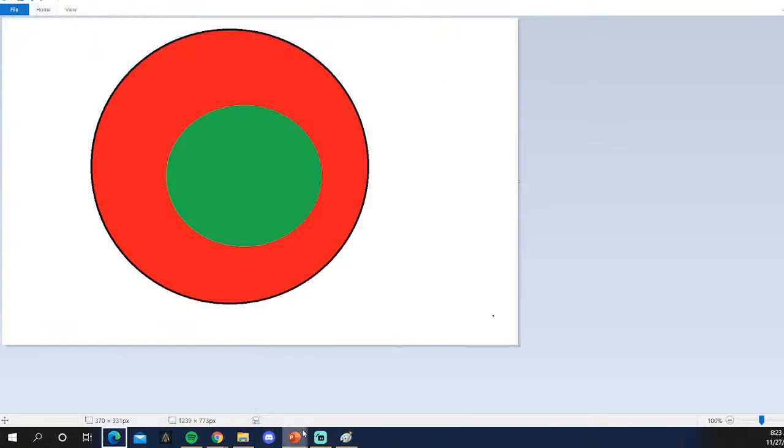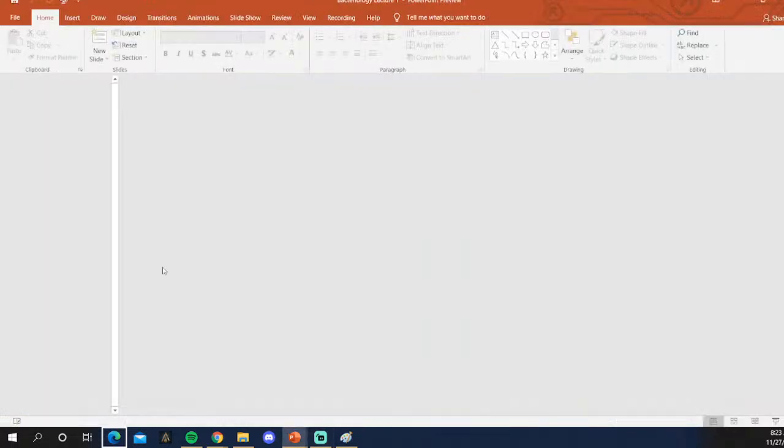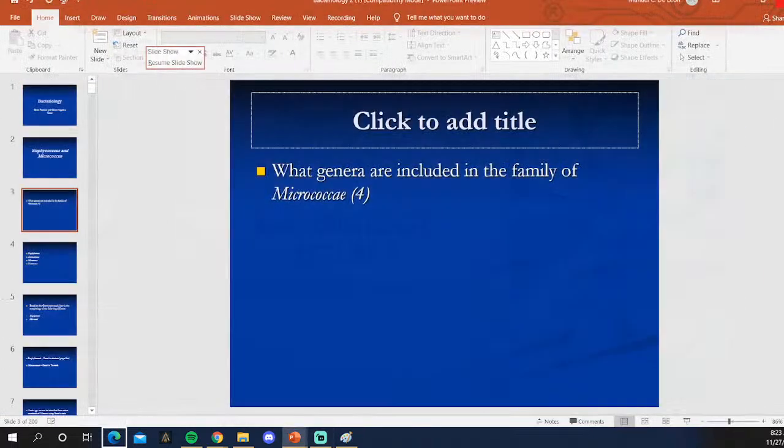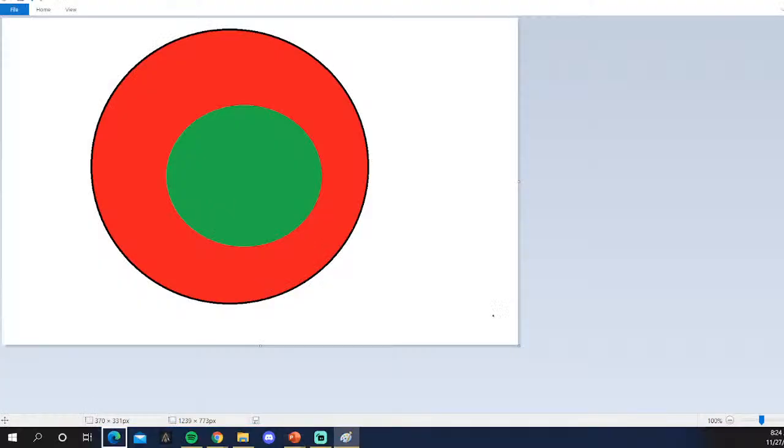Okay. Where was I? Now let's go back to the description. Let's go back to our first description earlier. What was our description? A special hemolytic pattern characterized by incomplete hemolysis with an inner zone of complete hemolysis. So let's go back to Paint.